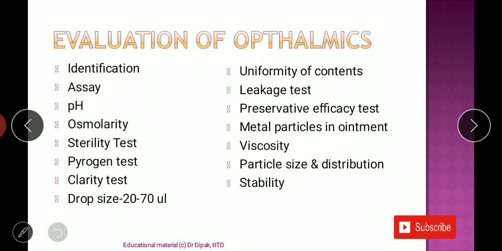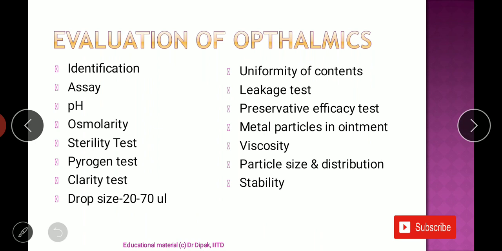Uniformity of the drug content in the preparation is again a pharmacopoeial requirement. Leakage of the container can be checked with the application of vacuum, or by another simple method in which you invert the container and keep it overnight. There should be no leakage of the preparation from the container.